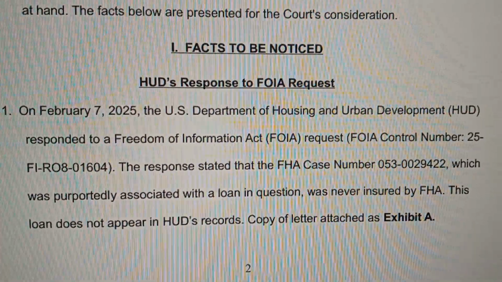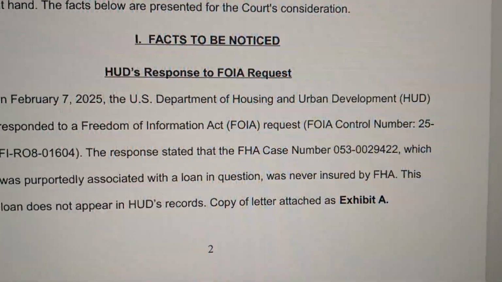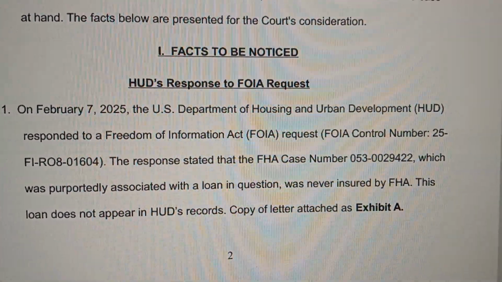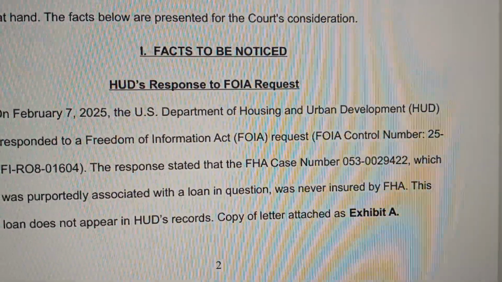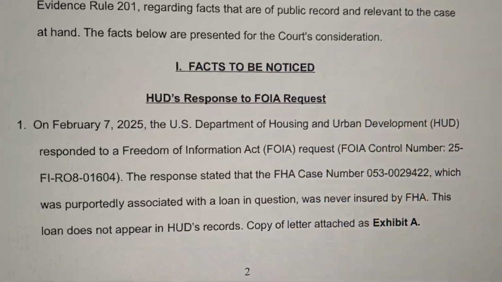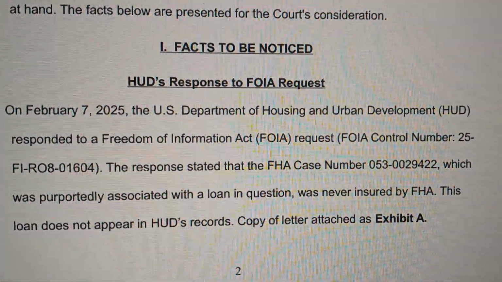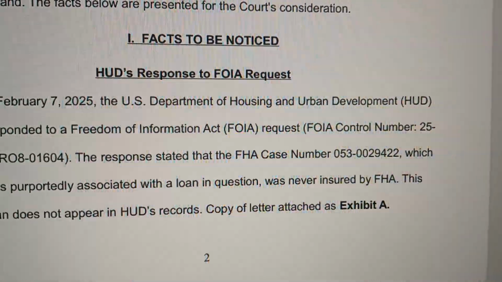HUD's response to the FOIA request on February 7th: the U.S. Department of Housing and Urban Development, HUD, responded to a Freedom of Information Act FOIA request. The response stated that the FHA loan number, which was purportedly associated with the loan in question, was never insured by FHA.